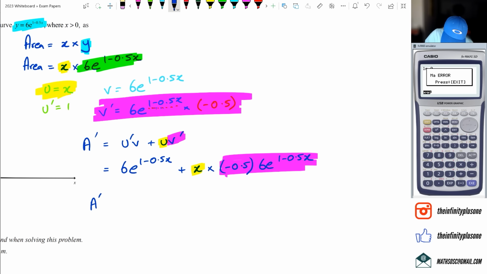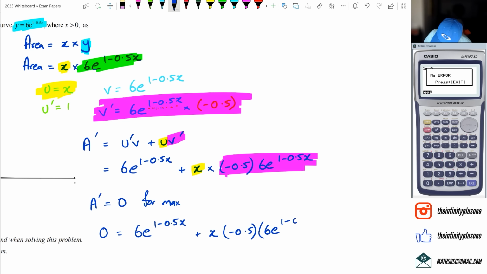Now we know that the derivative of the area is equal to 0 for maximum area, right? So we put down 0 is equal to 6e^(1 - 0.5x) plus x times negative 0.5 times 6e^(1 - 0.5x).